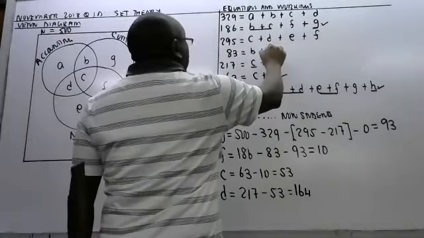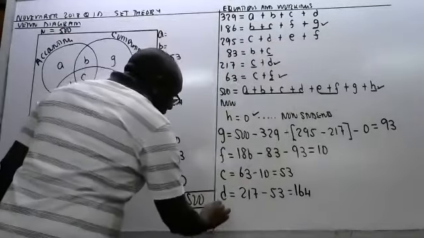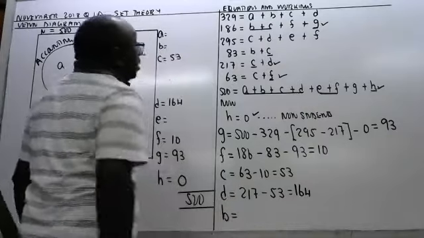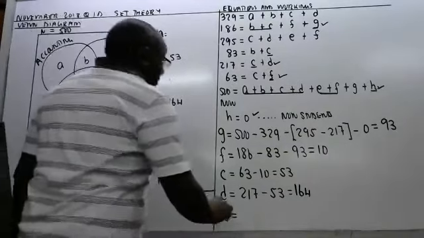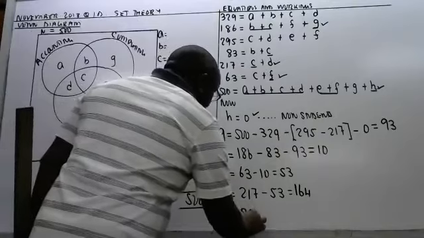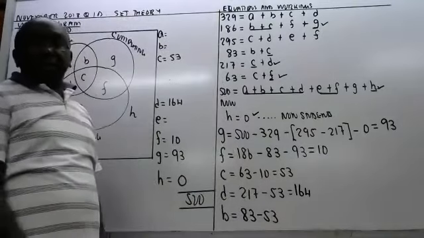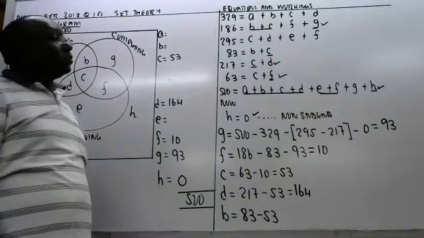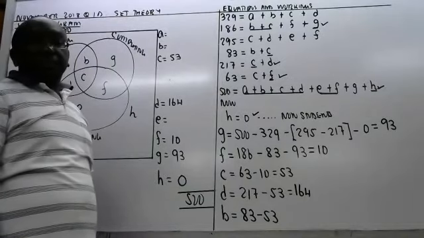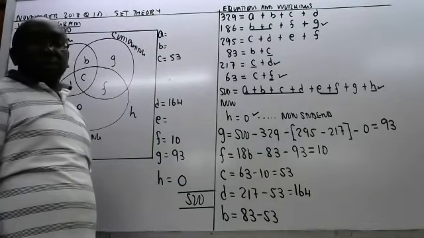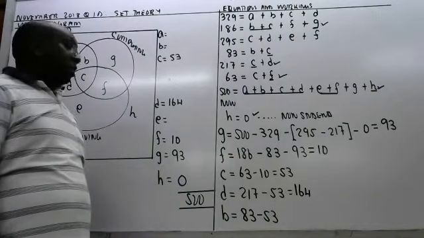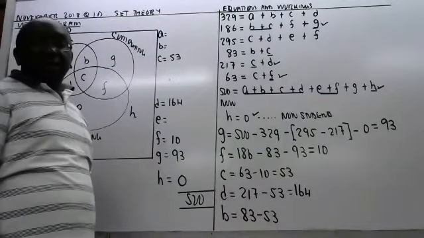Then we come to this one where we know B. So we know C. So we will say that B must be 83 minus 53. That must be equal to what? 83 minus 53 is what?